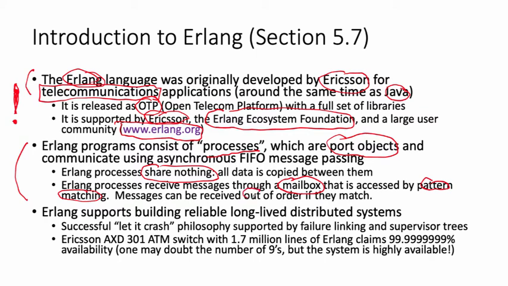So you can receive the messages out of order, whereas in a port object, you have to treat the messages in order of their arrival. In Erlang, you can take the messages out of the mailbox in any order, as long as they match. But other than that, it's extremely close to the model we have seen. Everything that we say about multi-agent, you can do with Erlang.